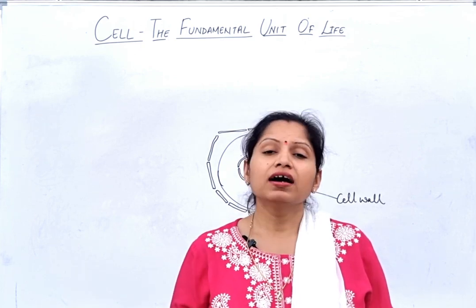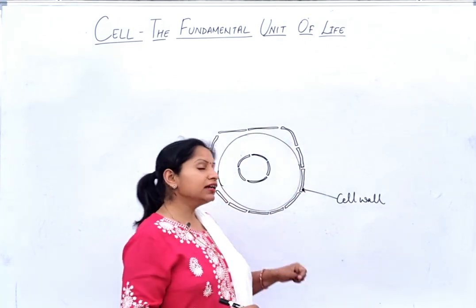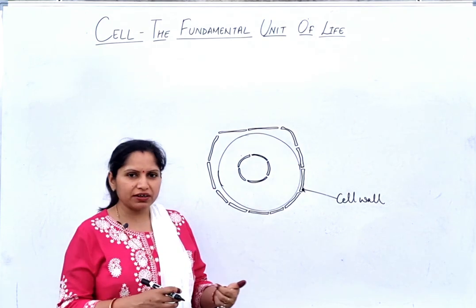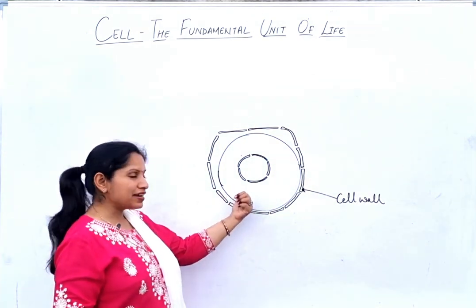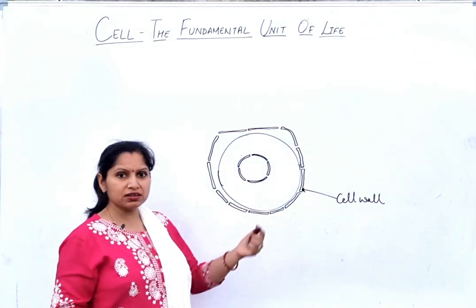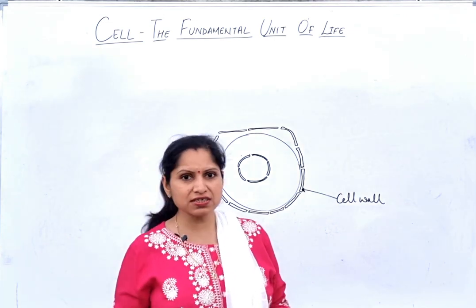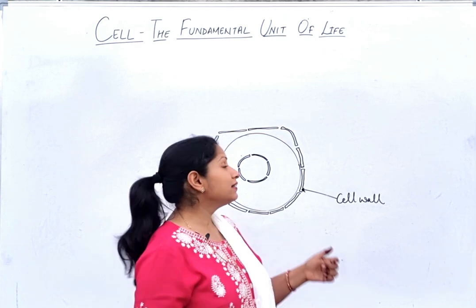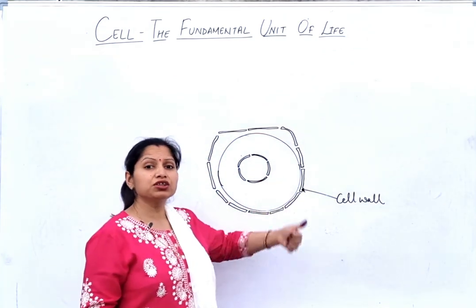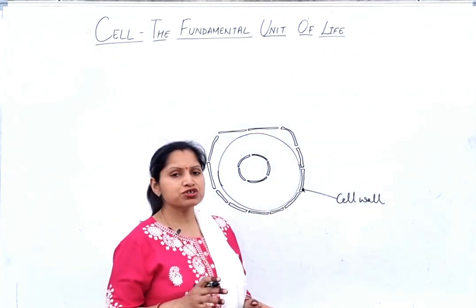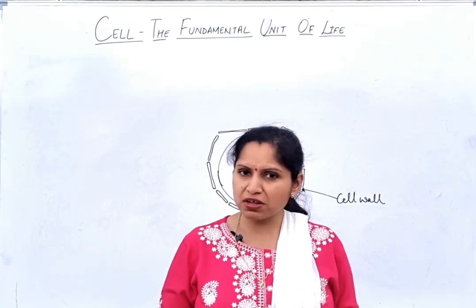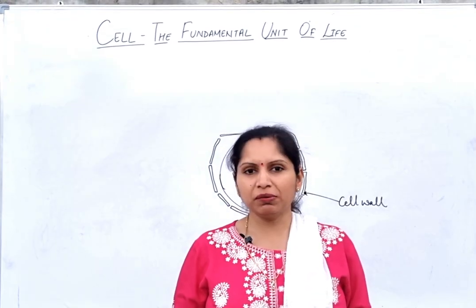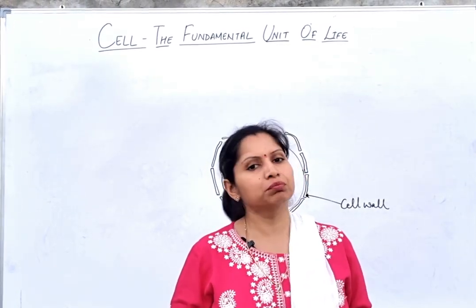Through these gaps only, whatever things have to be transferred from the cytoplasm into the nucleus, or from the nucleus to the cytoplasm, whatever movement of substances is there, is going to happen through these nuclear pores only. So exchange of material between the cytoplasm and the nucleus will take place through these nuclear pores.